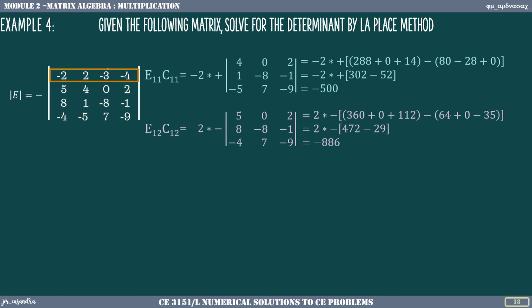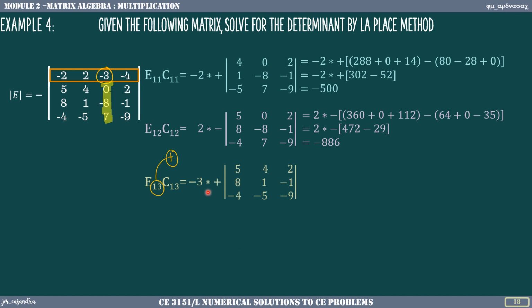So next, we move on to the third element, E13 times its cofactor. We'll have negative 3 times a positive cofactor, which will be taken from this matrix. Okay.